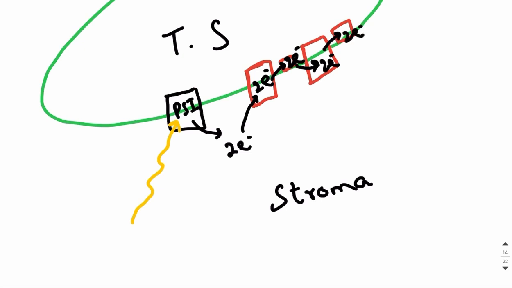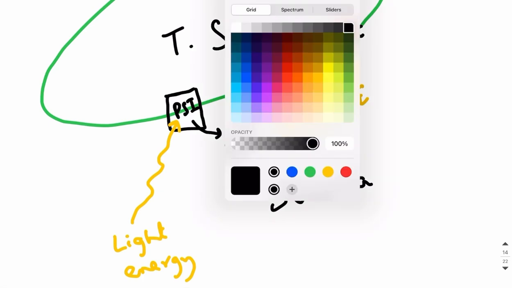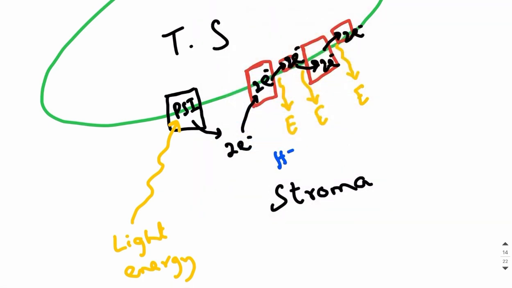Energy is released, and the energy that is released by the electron transfer is used to pump what? It's used to pump protons from the stroma to the thylakoid space, right?